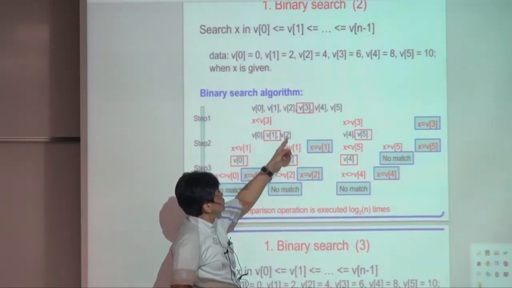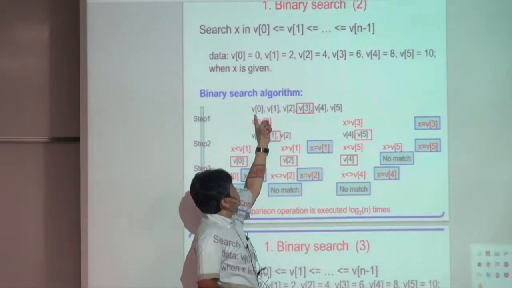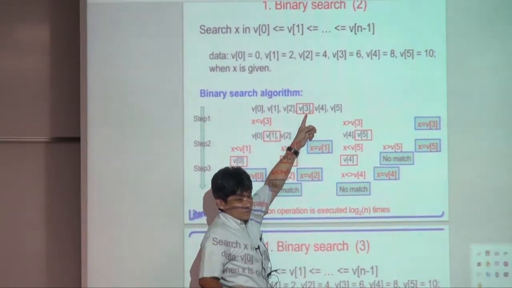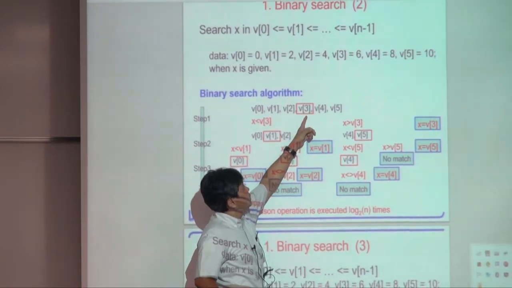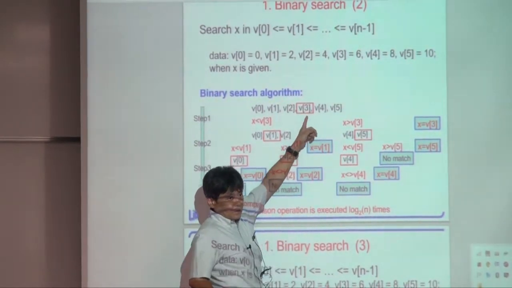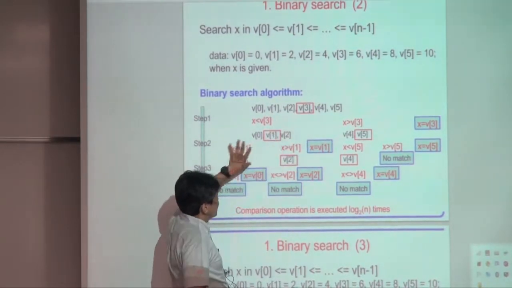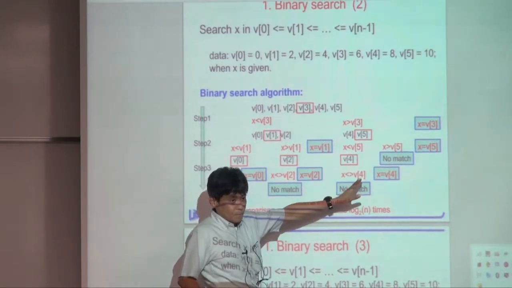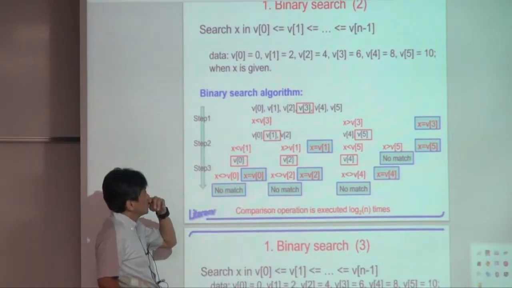Of course, you also have to check whether the specified value is equal to the center value. If they are equal, the program finds the position at 3. Otherwise, the program divides this part or this part.